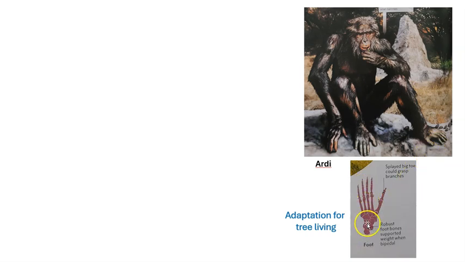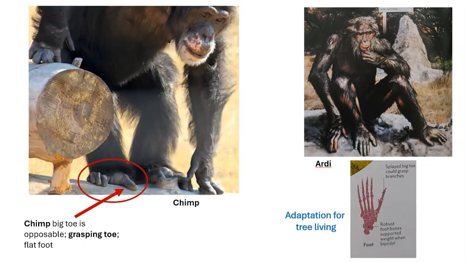Here is the skeleton down here, and we see the big toe goes out at an angle compared to the other toes. So this is a foot that is an adaptation for hanging on to trees and branches. And we still see this feature in modern chimps. So here's the chimp foot over here. Look at that big toe. It is a grasping foot.